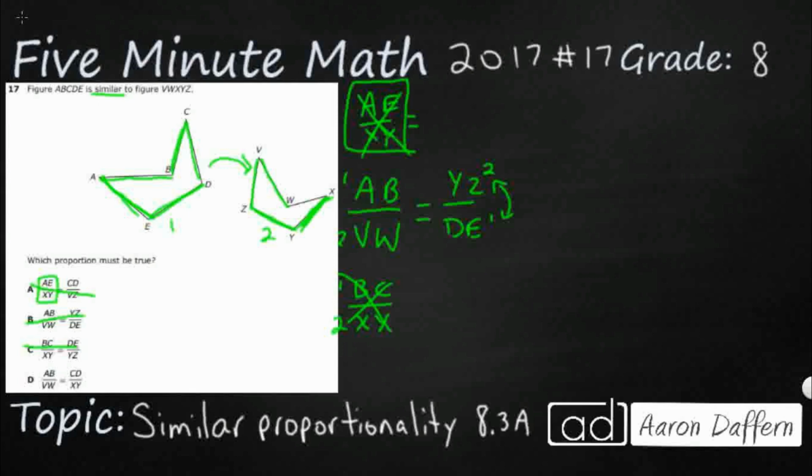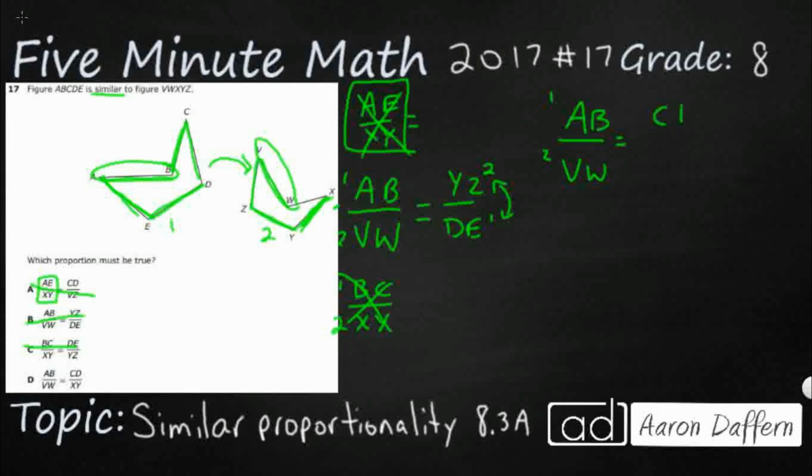And so let's see, AB over, what do we have, VW. All right, so AB is this corresponding, that very first slant on the inside, that's on shape 1. VW, thankfully, works. So, right, that's what we had right here. So let's see what they have. They have CD.